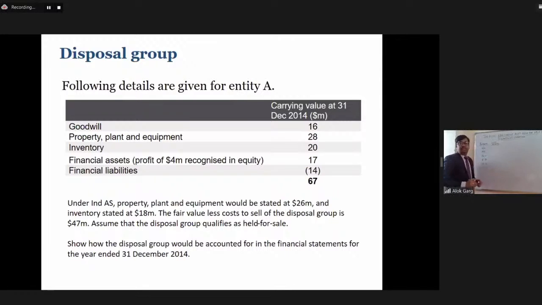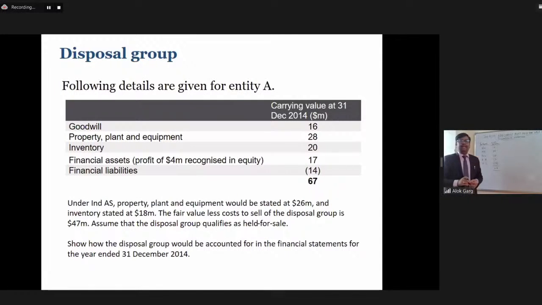And let me tell you, these numbers are million dollars. Okay. And the values are 16, 28, 20, 17, 14. Okay, and the total is 67.